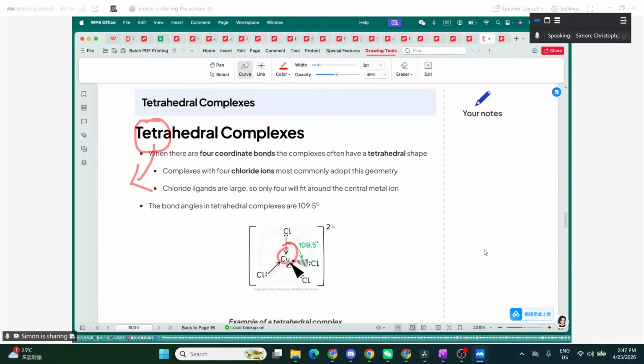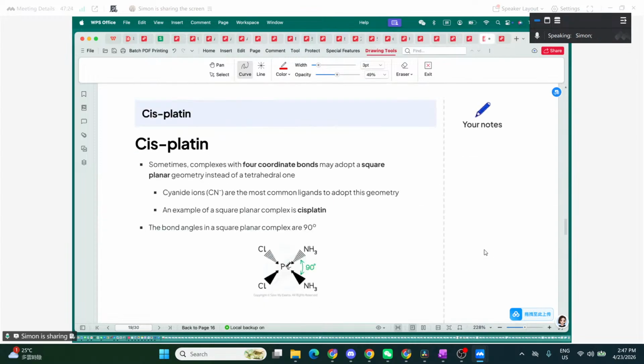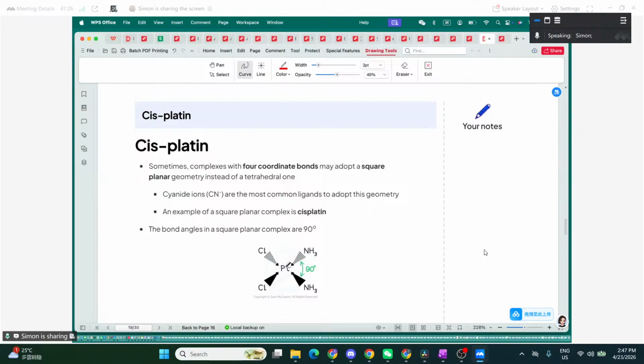According to the graph, we know the central metal is copper. For this one, this is cisplatin. Complexes with four coordinate bonds may adopt a square planar geometry, not the tetrahedral.